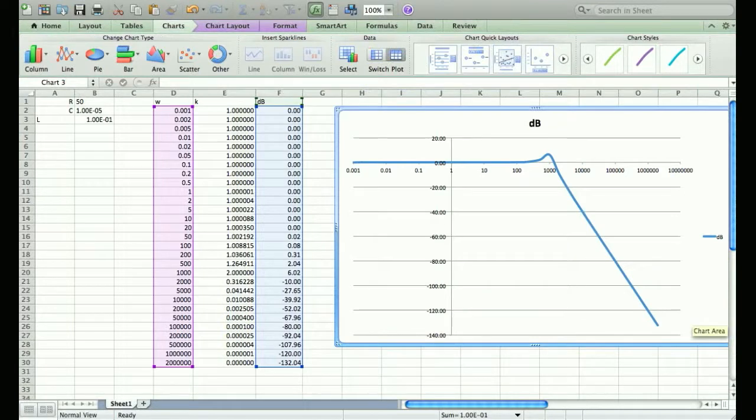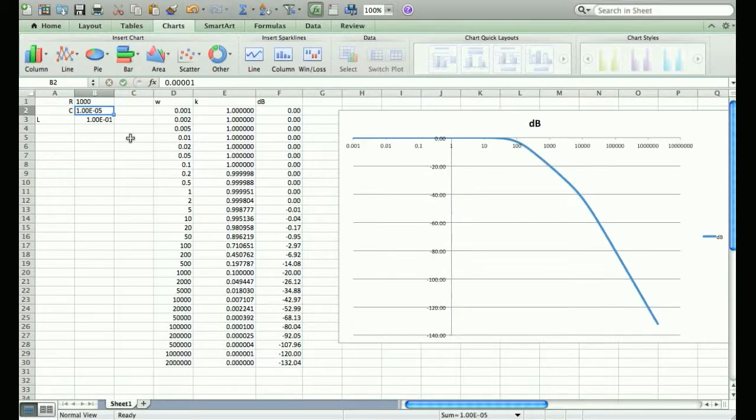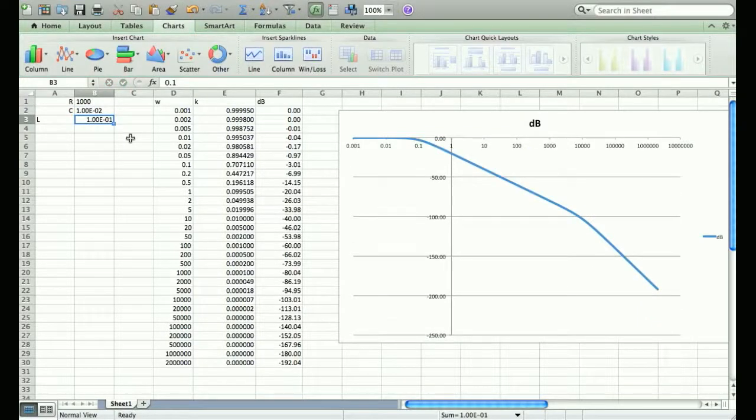Okay, so we're going to set some values here. It wants me to try 1 kilo ohm, so 1,000 ohms. And then 10 microfarads, and 10 millihenries. All right, that's good. So what's going on here?